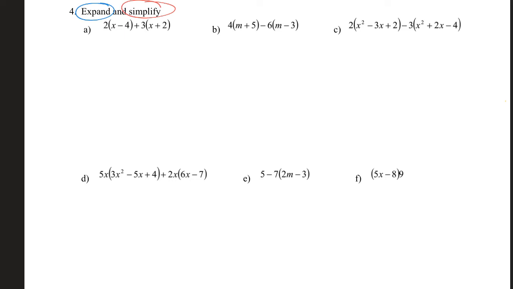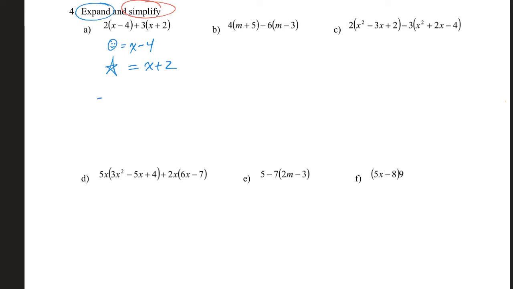Now, I'm going to write something down, and I know it's going to look weird to you guys. I get it. But I want you to imagine that happy face equals x minus 4. And I want you to imagine that star equals x plus 2.